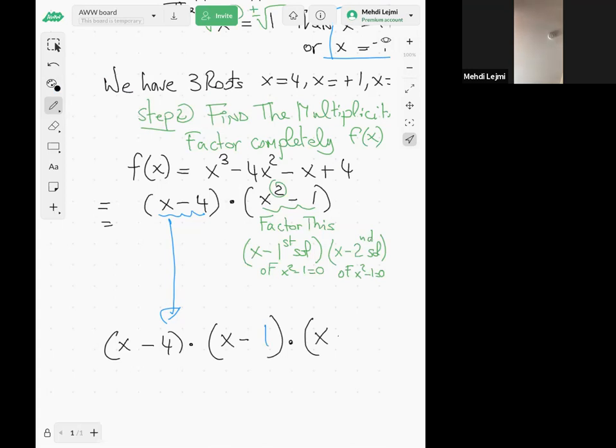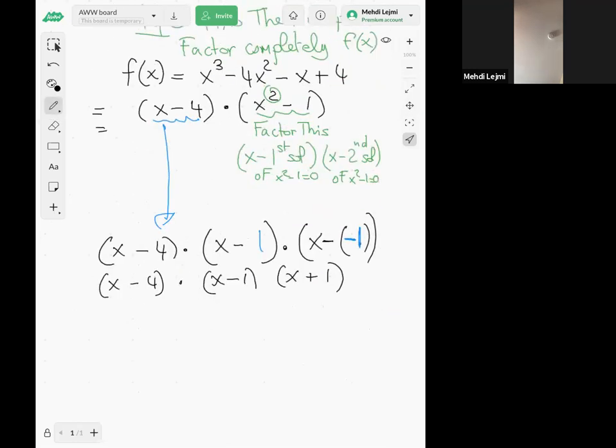So x minus negative 1. This is minus negative 1, right? So the factorization would be x minus 4 times x minus 1 times x plus 1. So I got my factorization, so now I can answer the question.